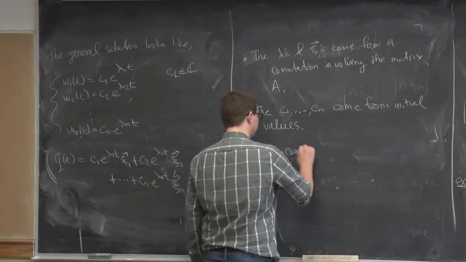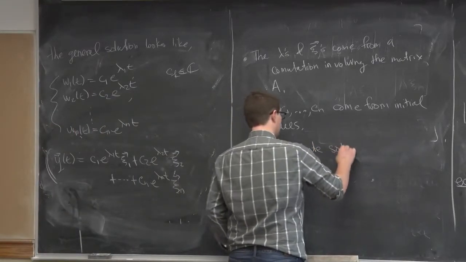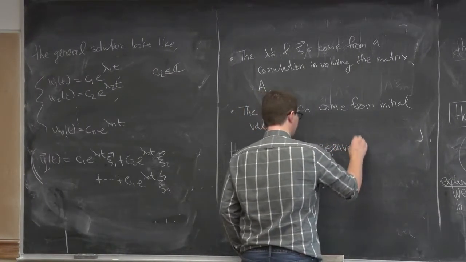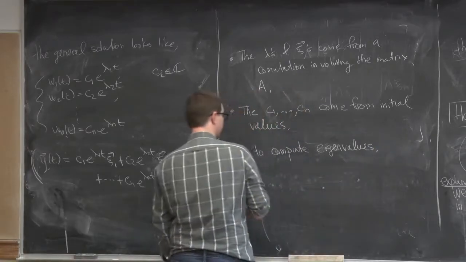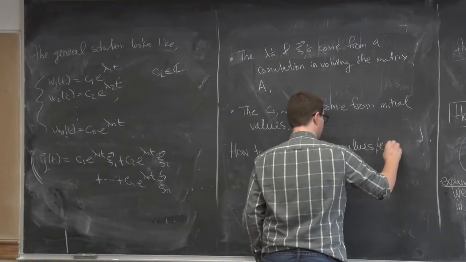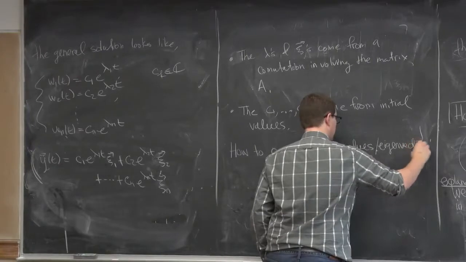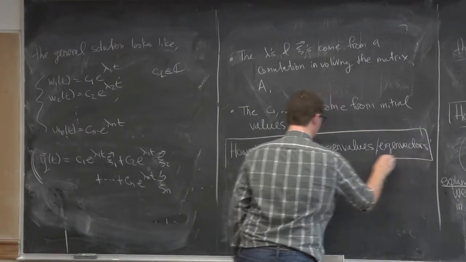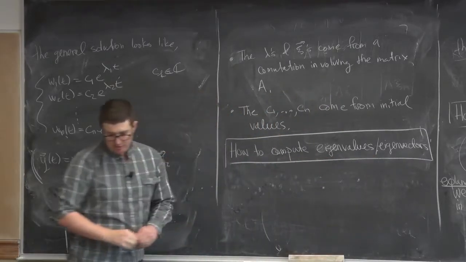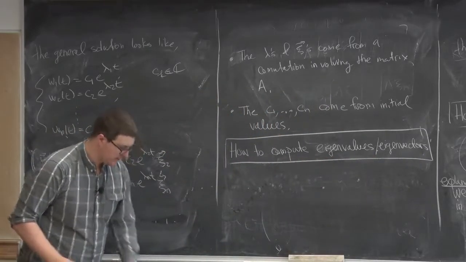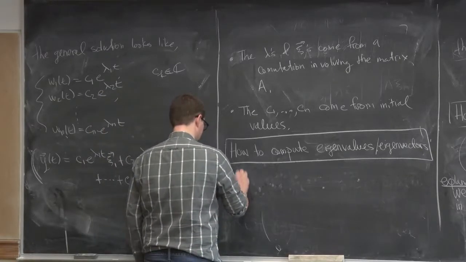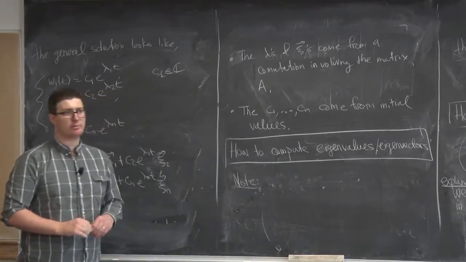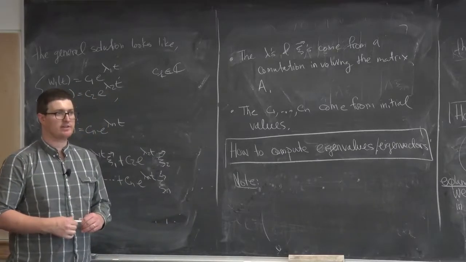So how to compute eigenvalues and eigenvectors. I'm going to tell you the procedure, and then next time we'll do examples. Or if you remember to do it, you can go ahead and do the homework. Note that this won't always work because we have this problem with generalized eigenvectors.